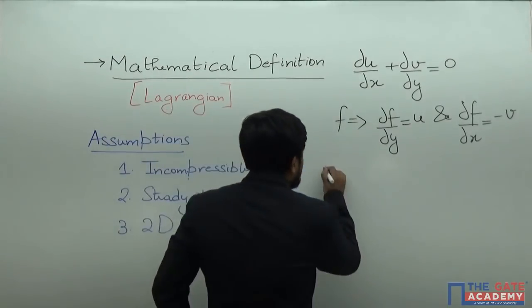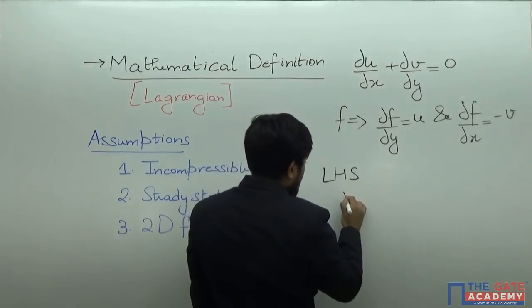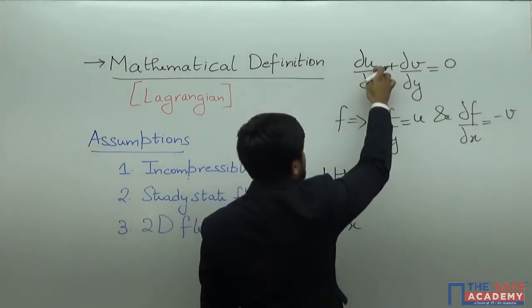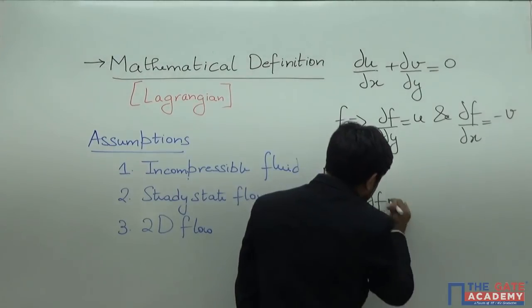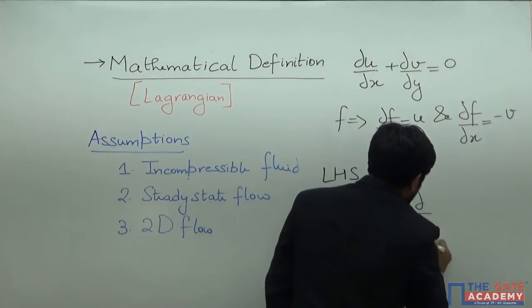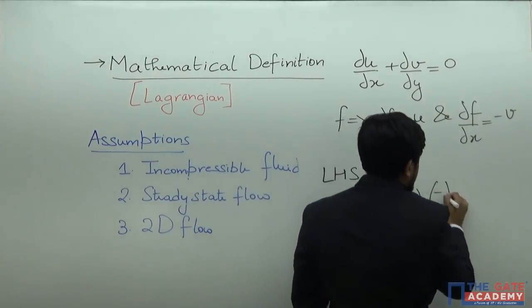Okay, so I am considering the left hand side only. Once we substitute u, it becomes del by del x of u, which is del f by del y, plus del by del y of v, which is minus del f by del x.